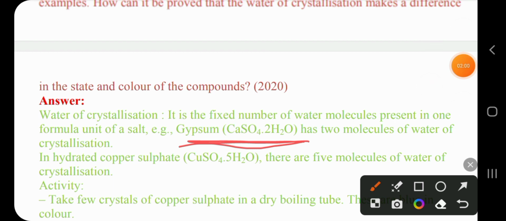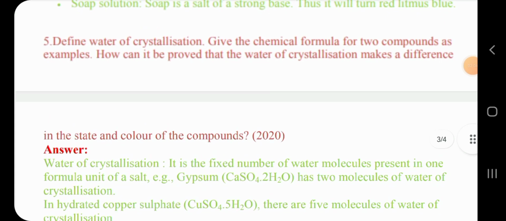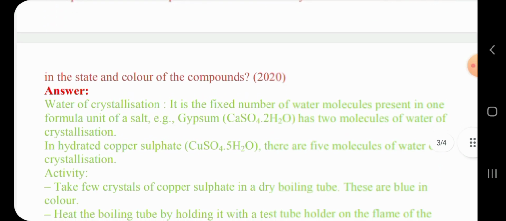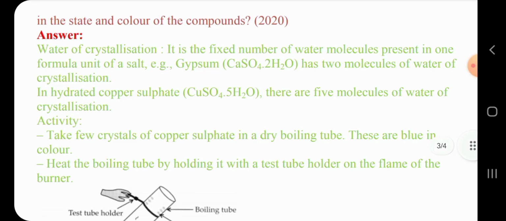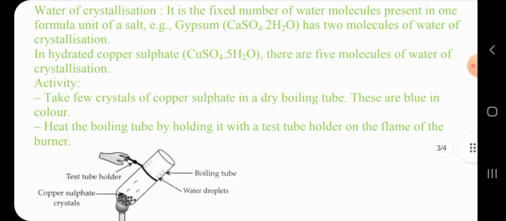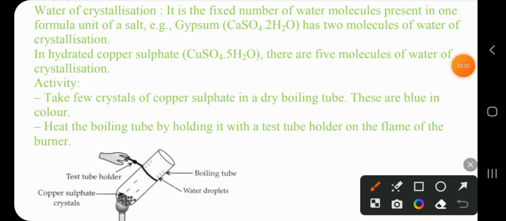Next, write two compounds with example. One is gypsum and the other is hydrated copper sulfate, not a copper sulfate solution. It is known as blue vitriol, also a hydrated salt, and its formula is CuSO4.5H2O.